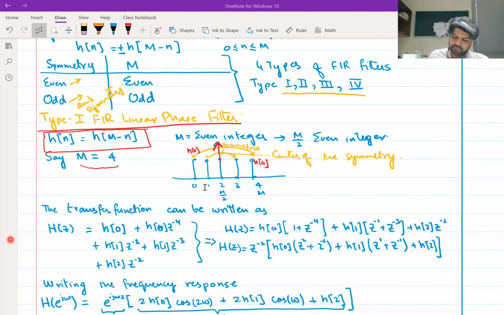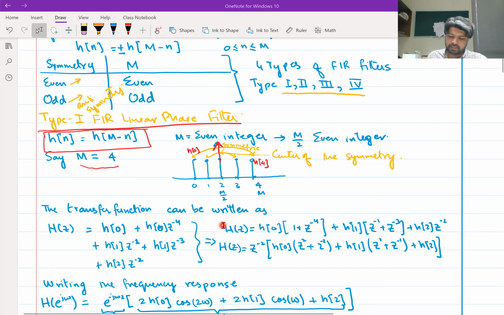So you can write down your H of z as h of 0 times 1 plus z to the power minus 4 plus h of 1 times, so instead of 5 multiplications, you're done with 3 multiplications. ठीक है, अगर बड़ा सा फिल्टर साइज है तो almost 1/2 कर दिया आपने number of multiplications को. ठीक है, is that clear, H of z की एक्सप्रेशन?